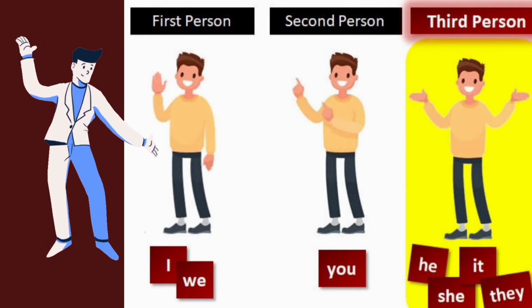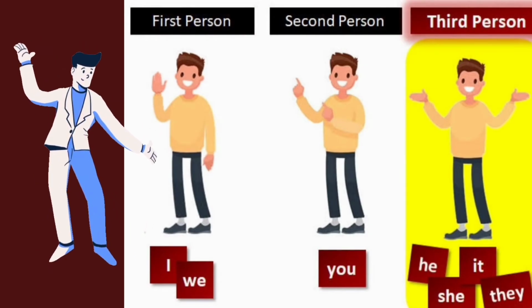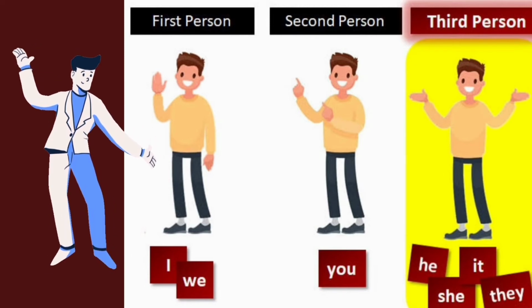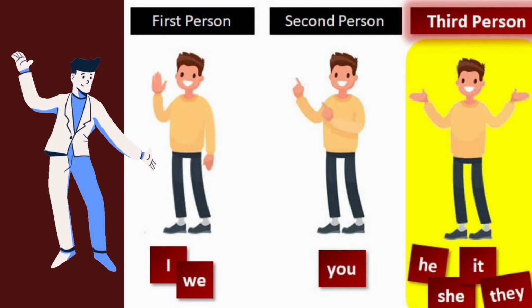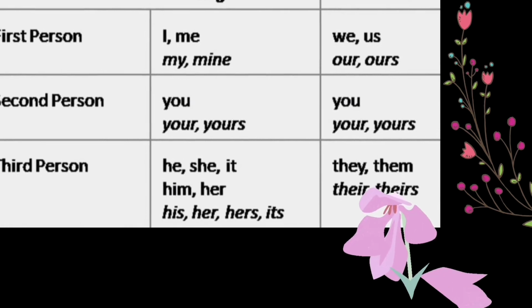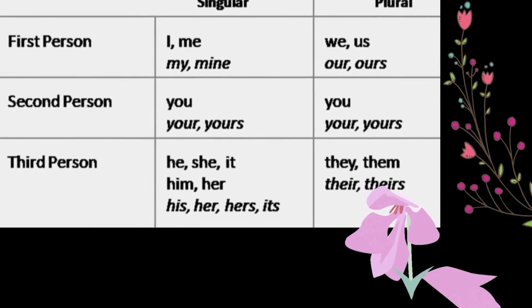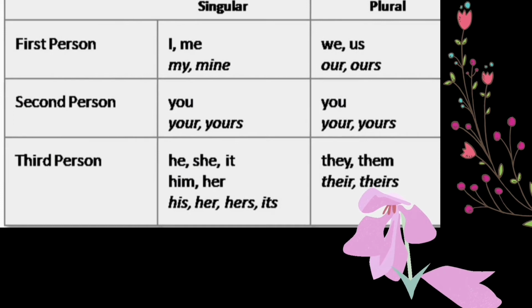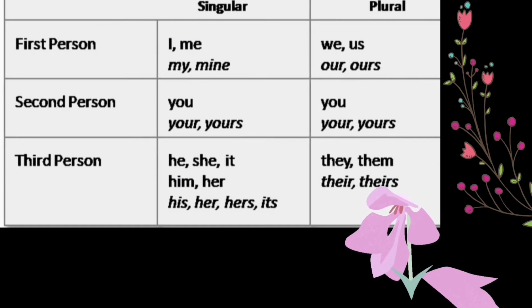For the first person, there is no need to add s or es after the main verb. For the second person as well, there is no need to add s or es after the main verb. But for the third person singular number, we add the s or es. Okay. So look at the table over here. I, me, my, mine. These are first person in singular number.